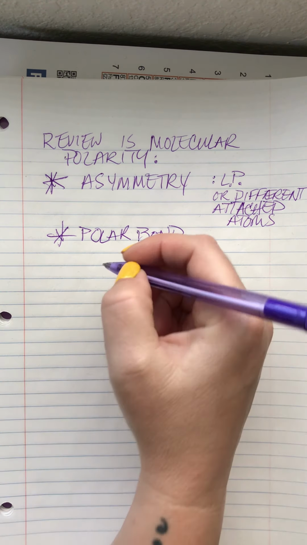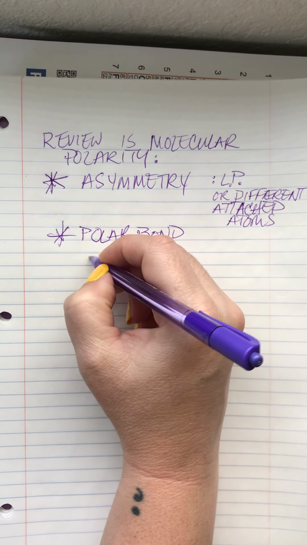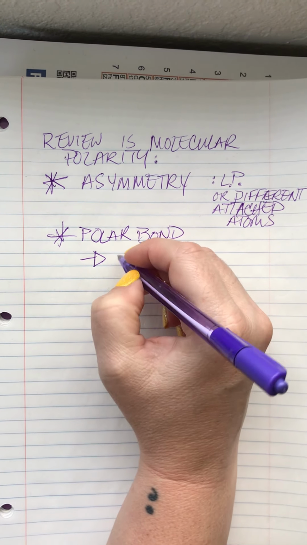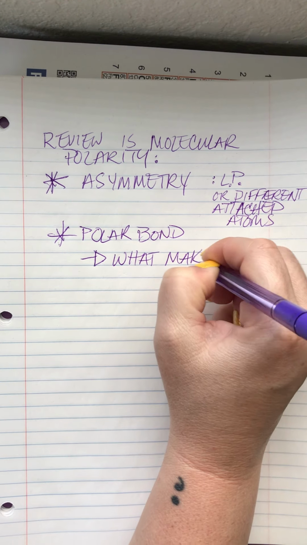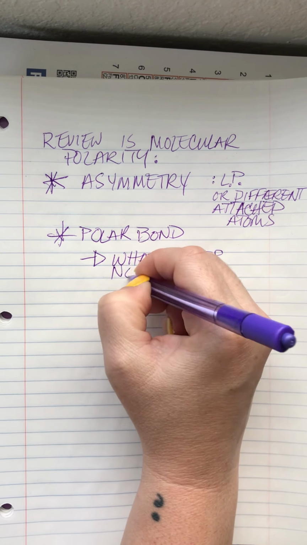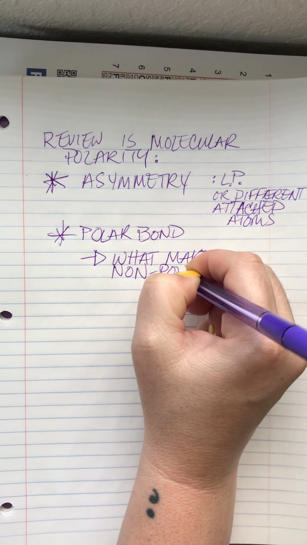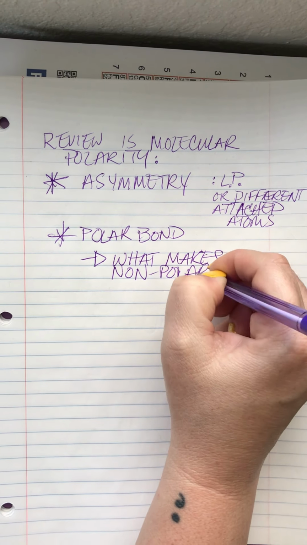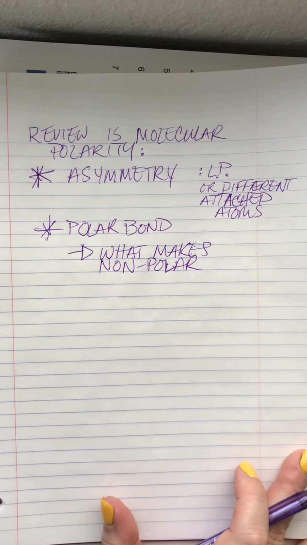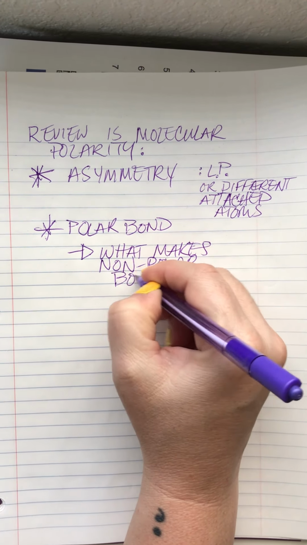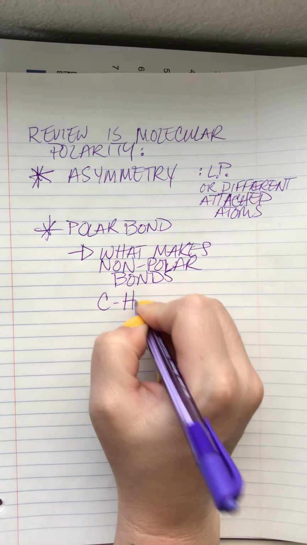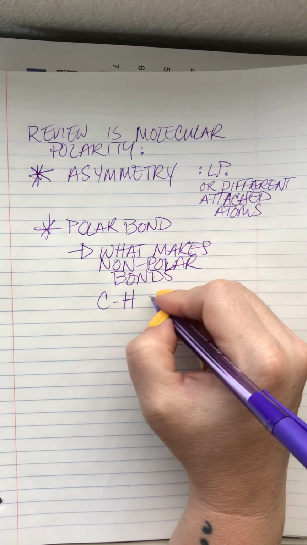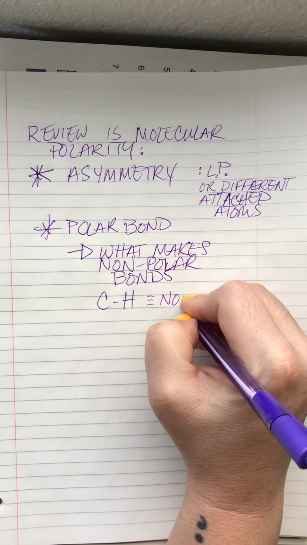Yes, absolutely. So for polar bonds, it's easier to think about what makes nonpolar bonds, right? So these are the guys that aren't ever going to be polar. So if you have carbon bonded to hydrogen, nonpolar.